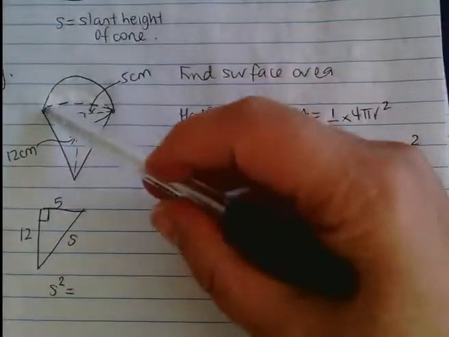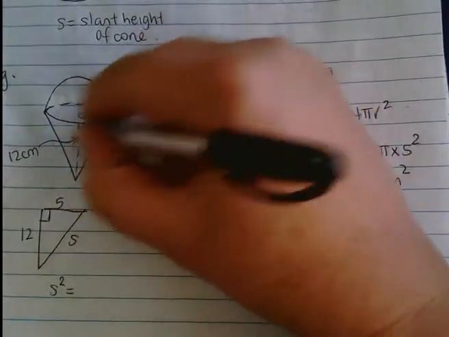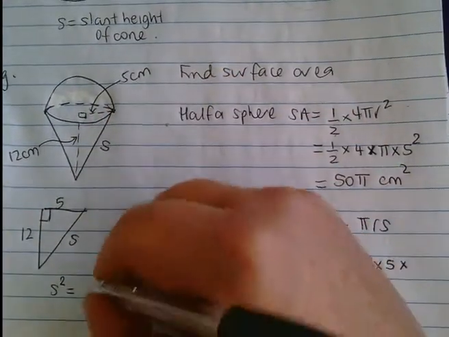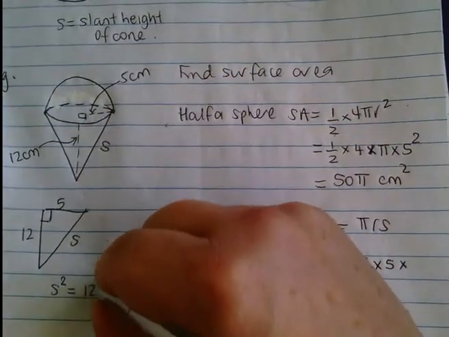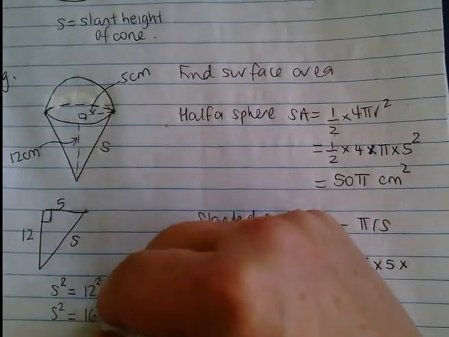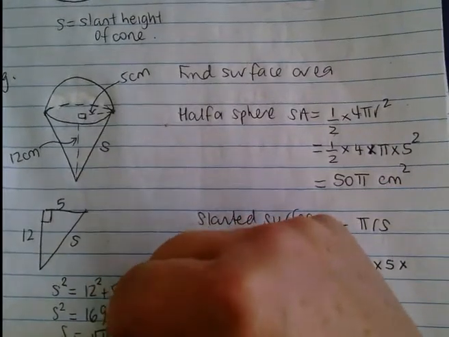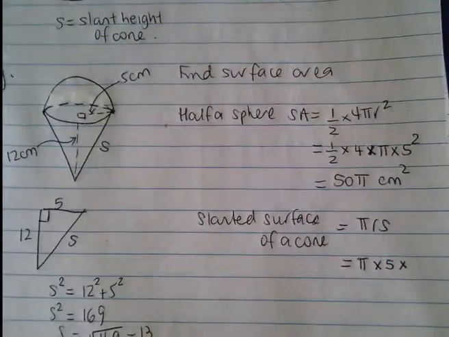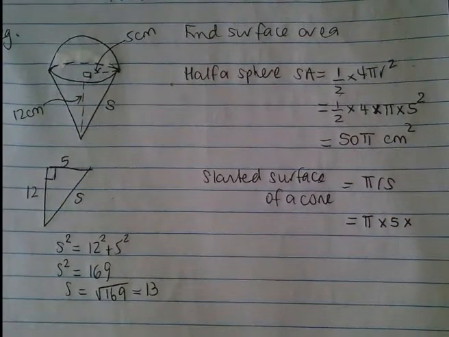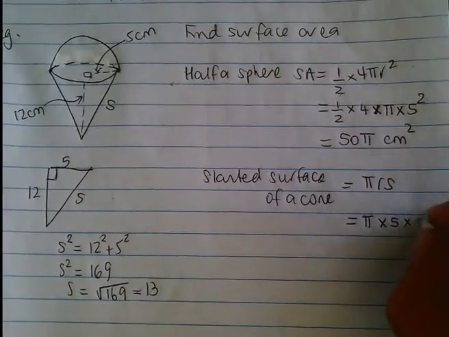It's pi r s, but we don't know what the slant height is, so we have to use Pythagoras' theorem. S squared is 12 squared plus 5 squared, which is 169. S is the square root of that, which is 13. So now do we know what the slant height is? 13.